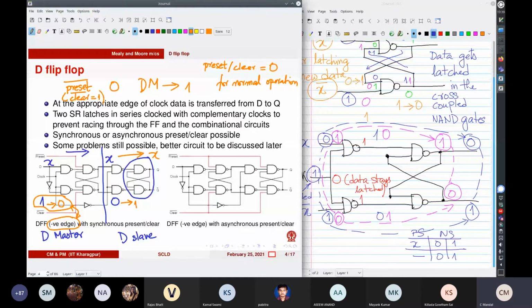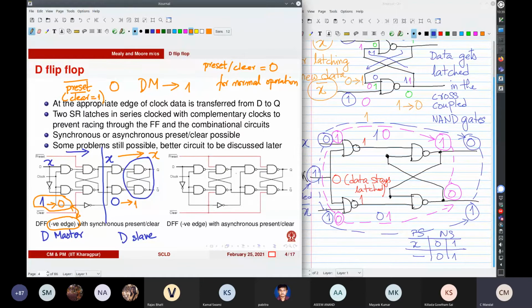All right, so this is synchronous because the transfer happens only when the input is clocked. Over here, on the other hand, you find that the preset and clear are connected to both the master and the slave.